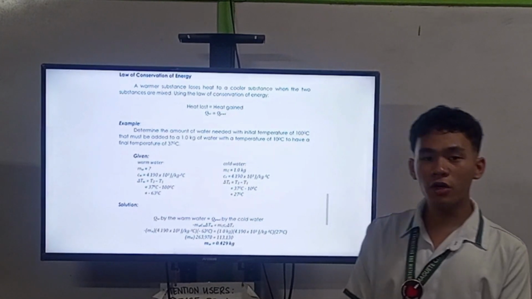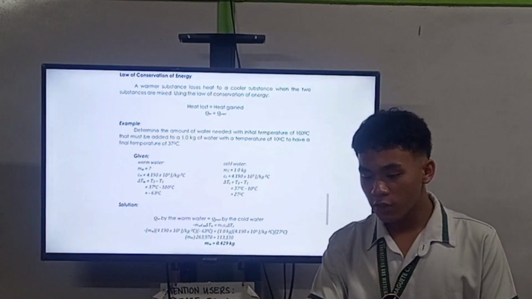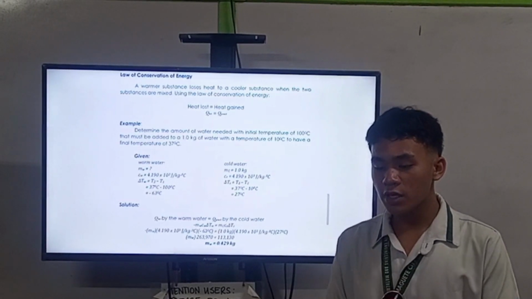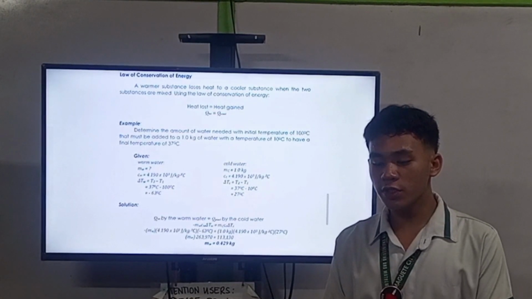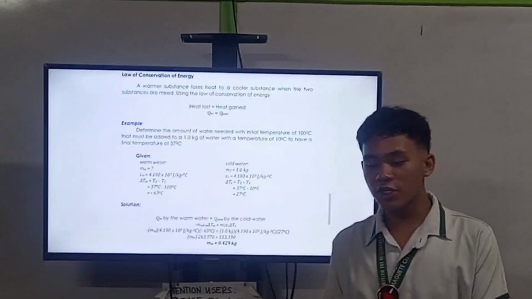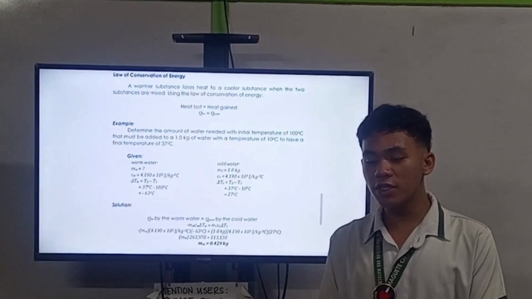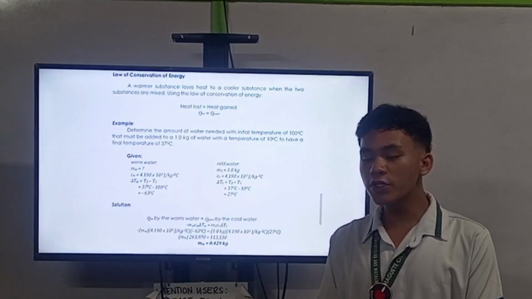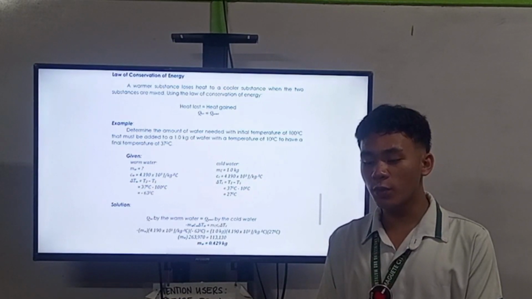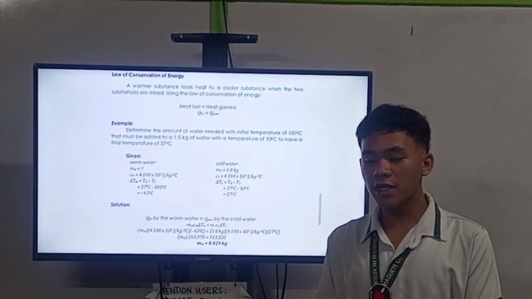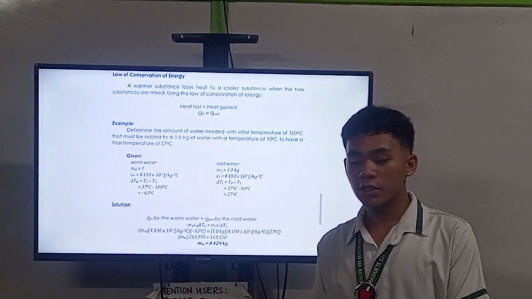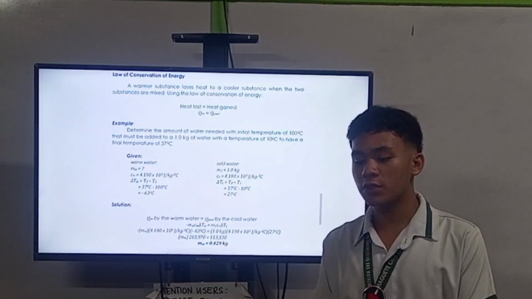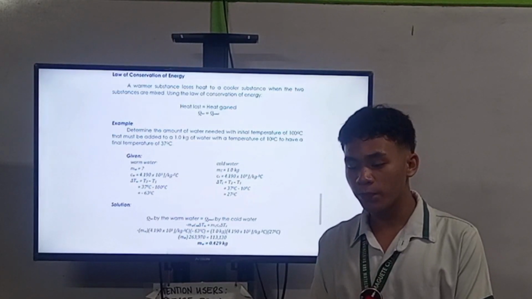So if we replace all these variables, negative MW times 4.190 times 10 to the power of 3 joules per kilogram times degrees Celsius times negative 63 degrees Celsius is equal to 1.0 kilogram times 4.190 times 10 to the power of 3 joules per kilogram times degrees Celsius times 27 degrees Celsius.